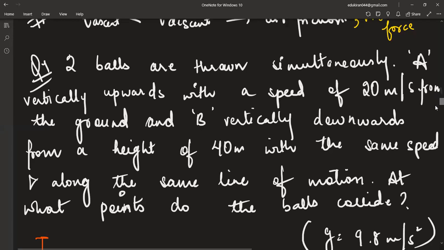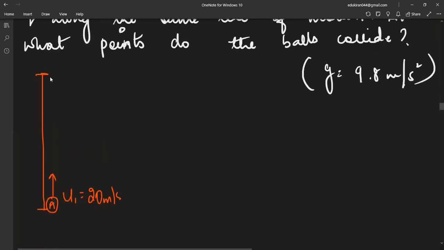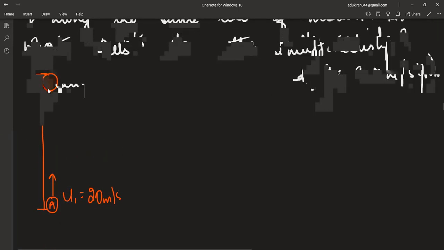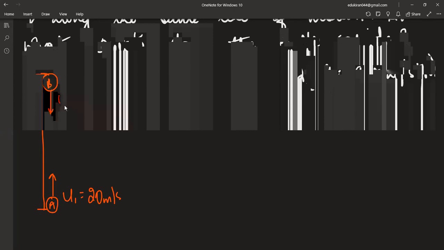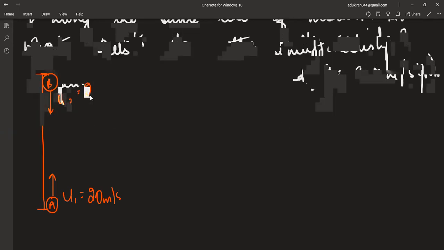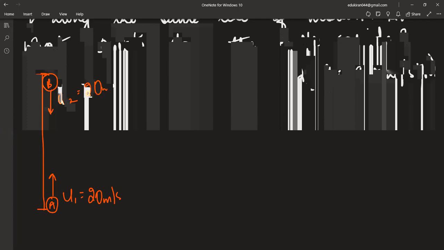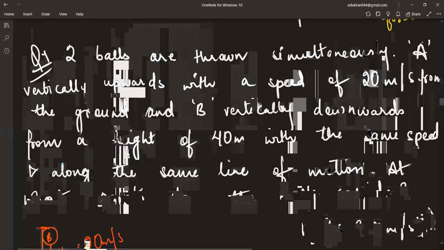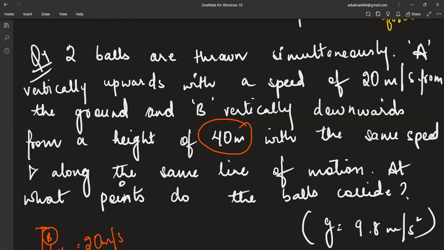So A is thrown upwards with 20 meters per second. B is thrown downwards with the same initial velocity of 20 meters per second. And what is the height of the tower? It is given from a height of 40 meters. So the speed of A and B is the same, 20 meters per second, one vertically upwards and the other vertically downwards from a height of 40 meters.